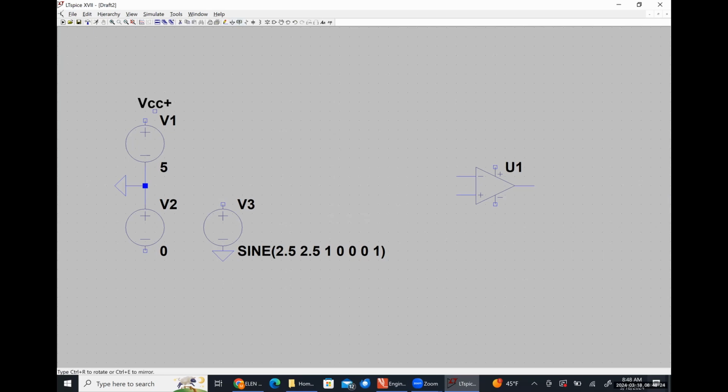So I'm going to call this voltage up here VCC plus, and then I'm going to apply that right here to the positive power supply terminal of the op-amp, which is denoted with this plus sign. Effectively, this is saying this node and this node are at the same potential without me having to show a long run of wire to connect that supply voltage to the supply terminal of the op-amp, so it just looks cleaner.